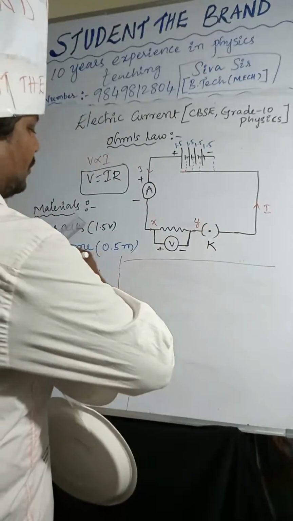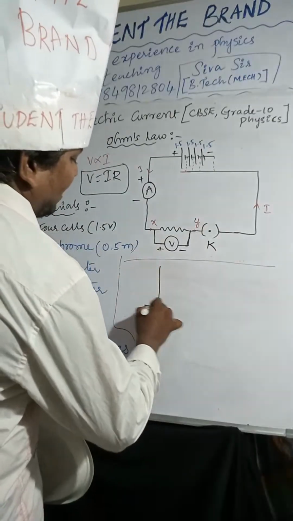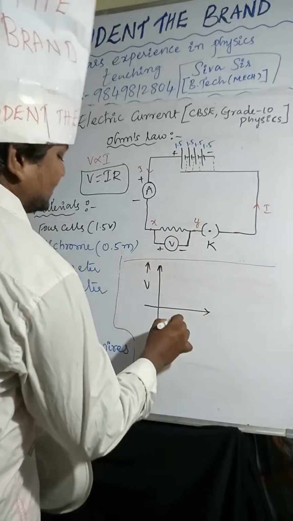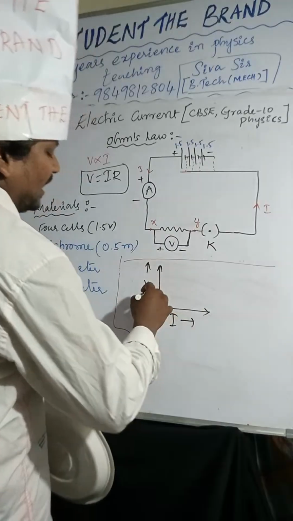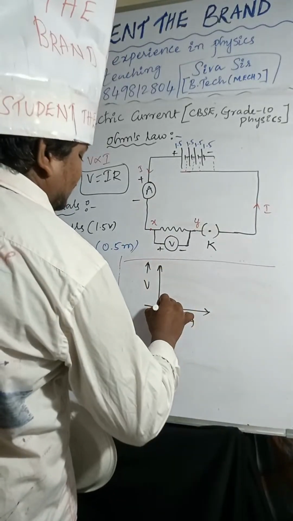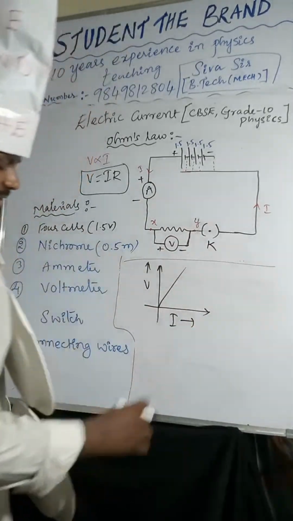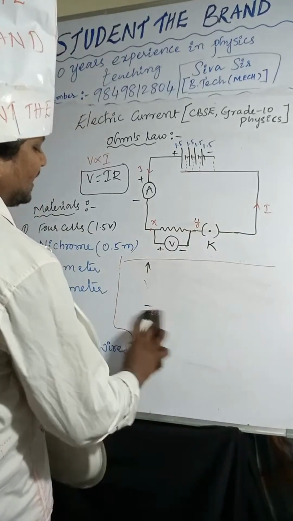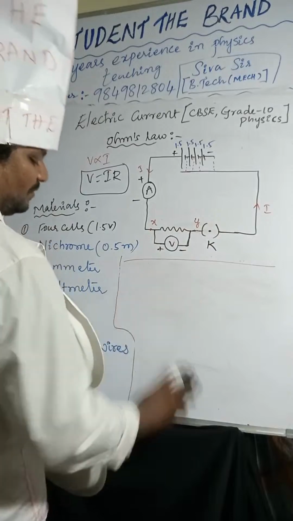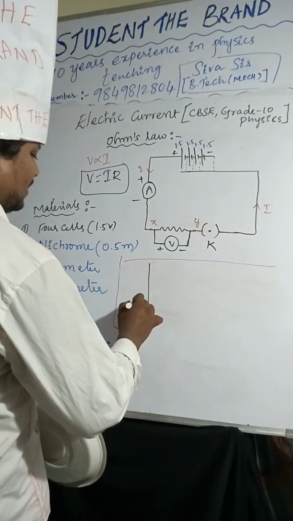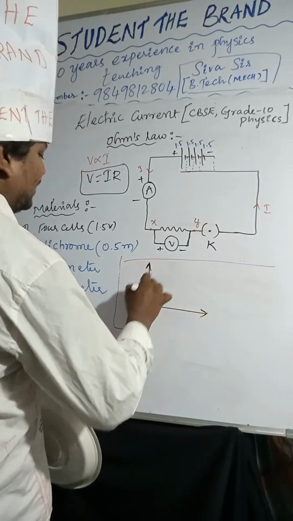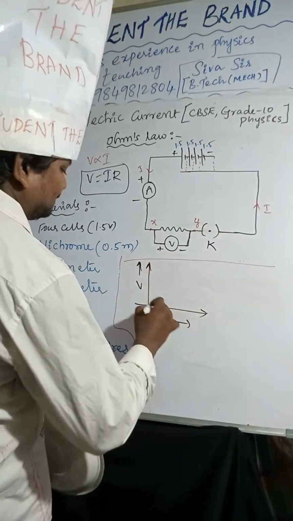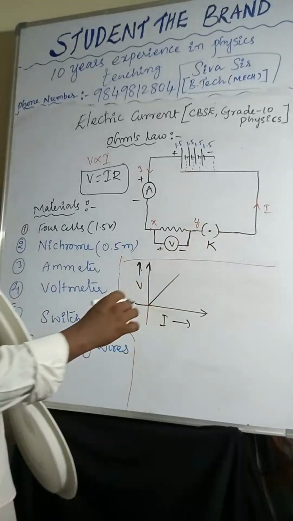If you draw the graph for V and I, with V on the y-axis and I on the x-axis, it is linear.